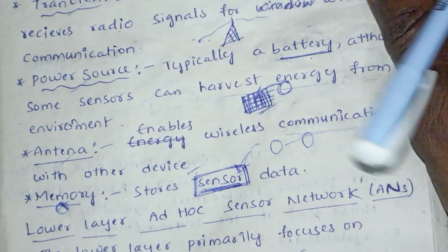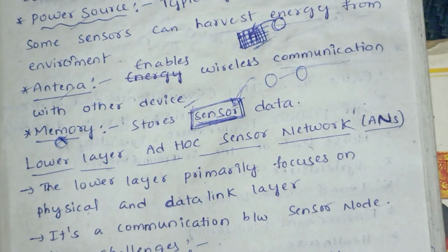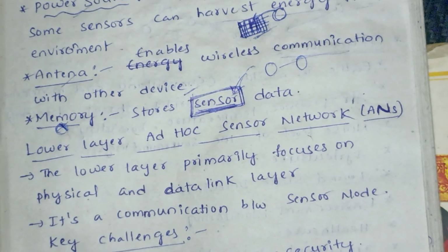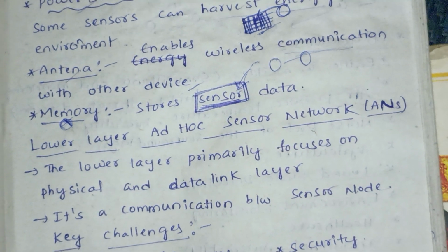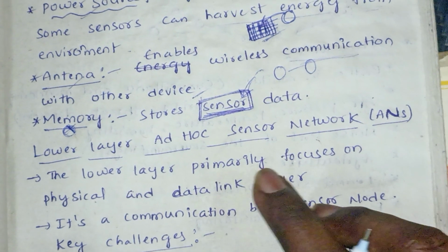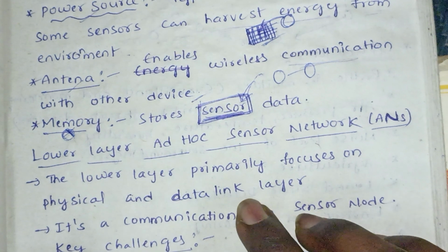Okay, next, lower layer ad hoc sensor network. The lower layer primarily focuses on the physical and data link layer.